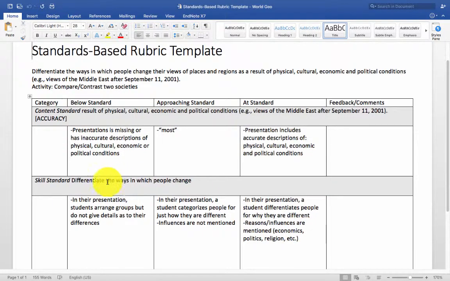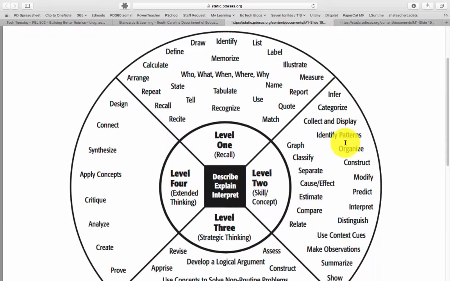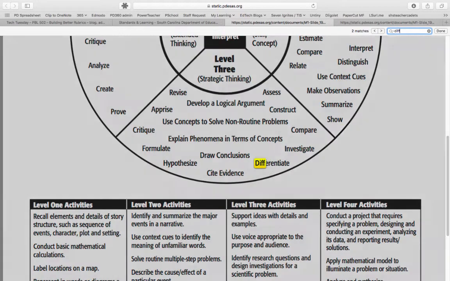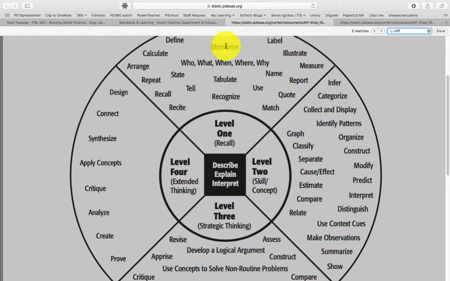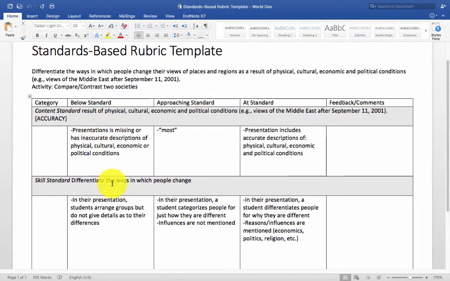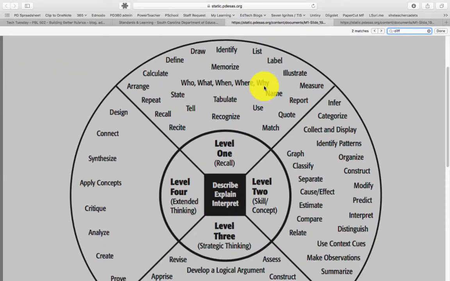So with that differentiate being at level 3 of Webb's depth of knowledge, we can then reverse and go back to level 1 in our rubric for below standards. So we looked at Webb's depth of knowledge, and we decided that arrange would be a good verb to use there.